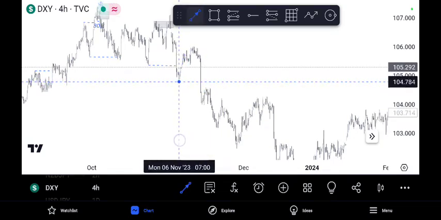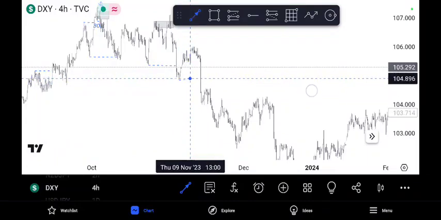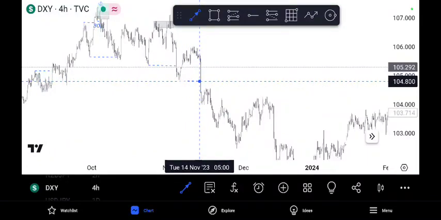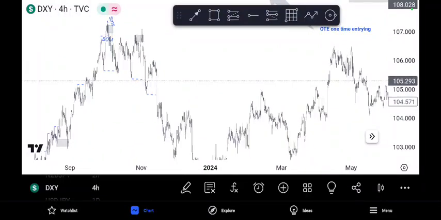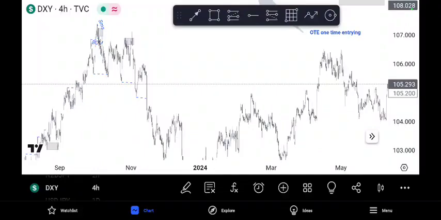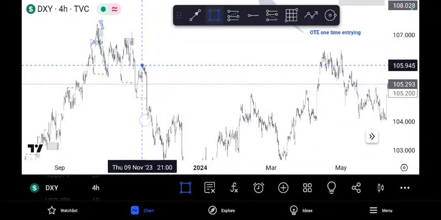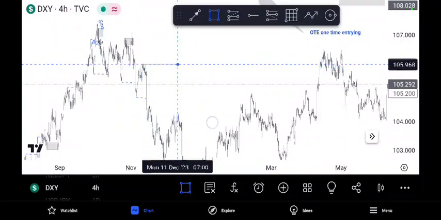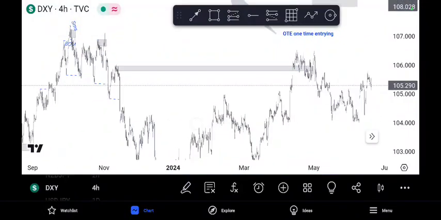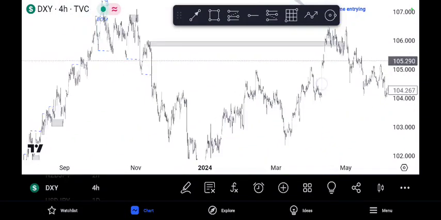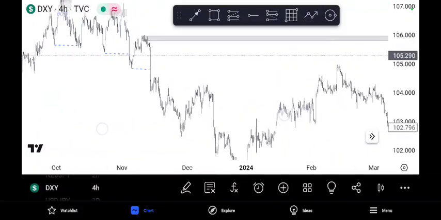All right, we had our BMS here to the downside. And what happened? Price did something crazy, took us out with here, and started selling again to the downside. All right, so this is just a continuous thing.